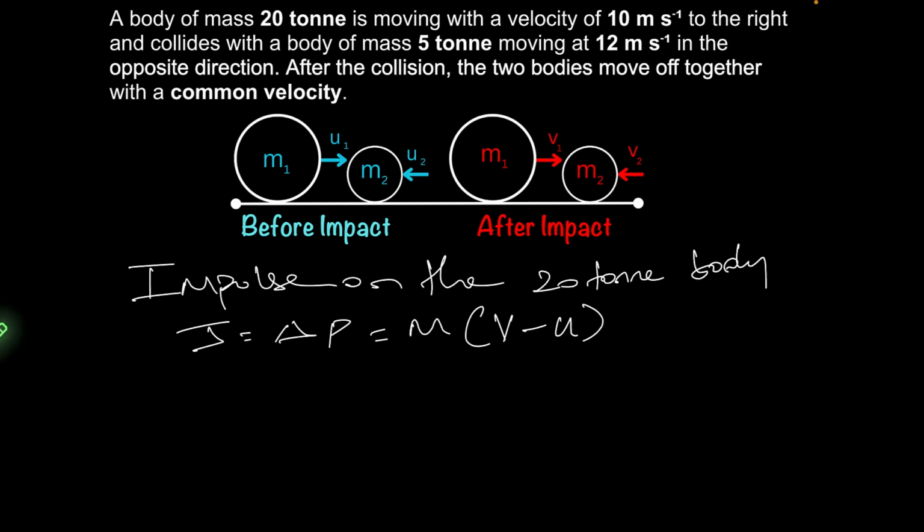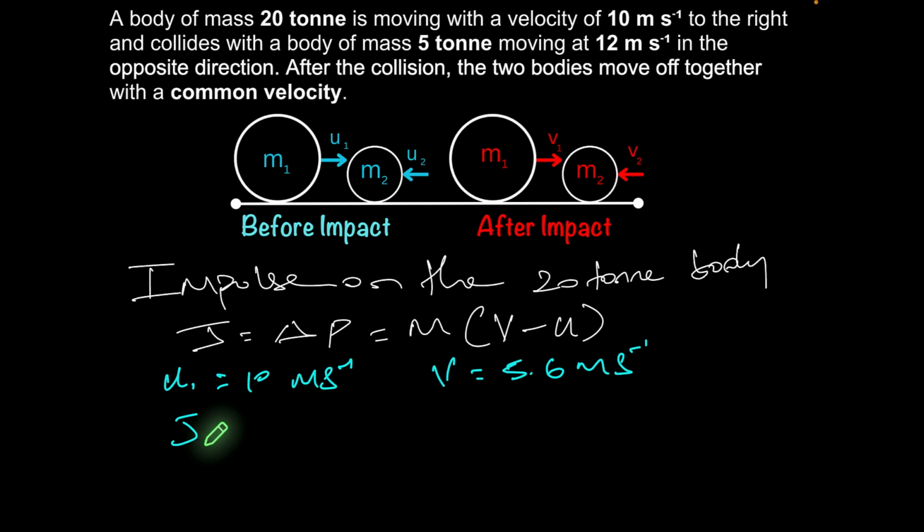Now from our question, we know that the initial velocity of this mass was 10 meters per second. And we know that the final velocity was 5.6 meters per second. So all we have to do here is to work out our impulse using that formula.